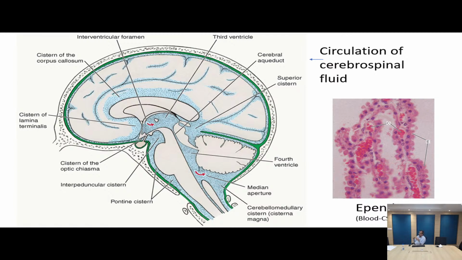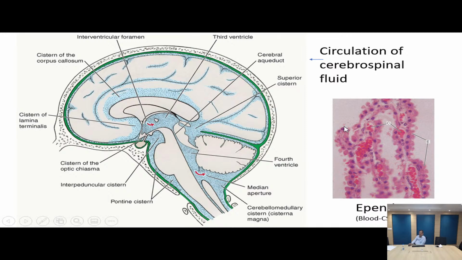So the rate of synthesis of CSF is very high, and it is continuously being produced and absorbed back into the blood through finger-like projections called arachnoid villi. If there is some blockage in the circulation of CSF, then we get a condition called hydrocephalus.